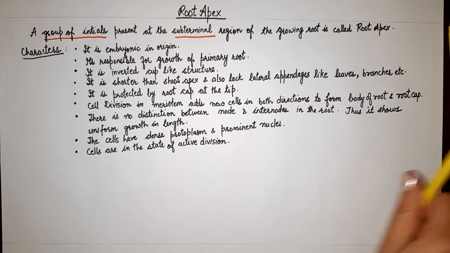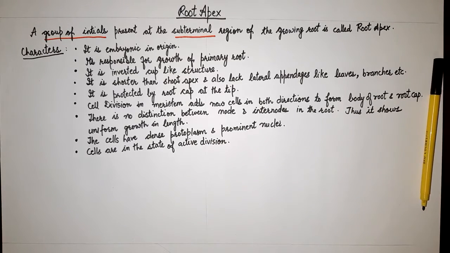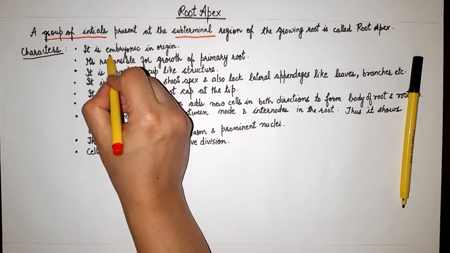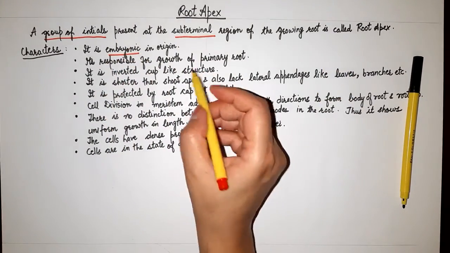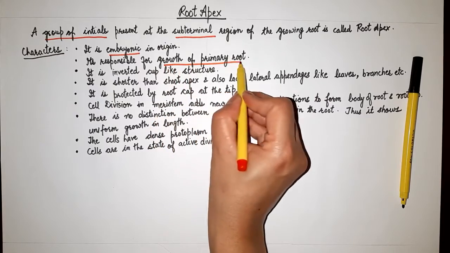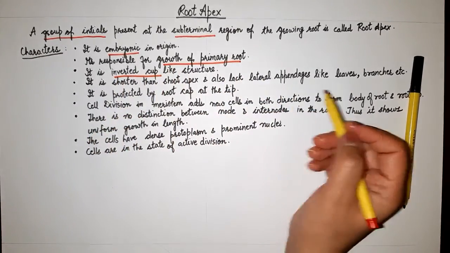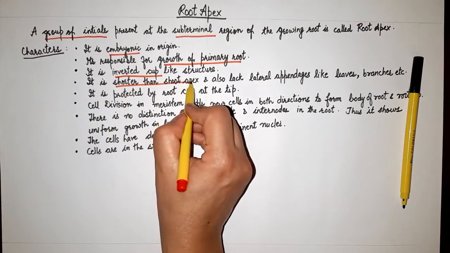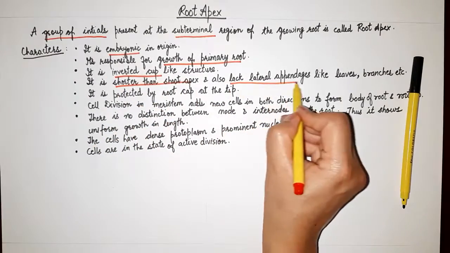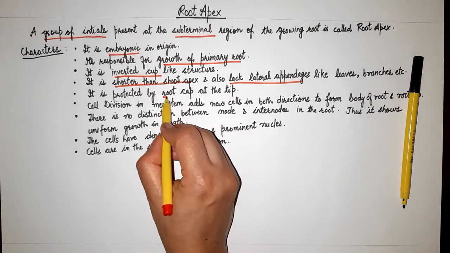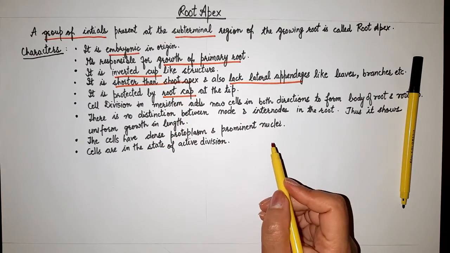So these are the characters of root apex. First thing, it is embryonic in origin. It is responsible for the growth of primary root. Its inverted cup-like structure, shorter than shoot apex. It lacks lateral appendages. It is protected by root cap at the tip.